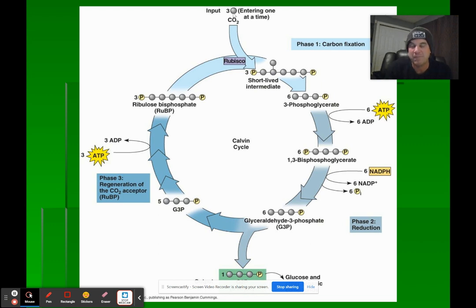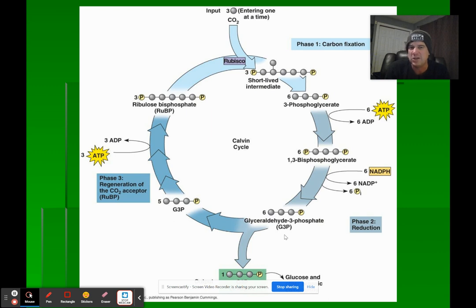by a series of reactions that ultimately is taking this inorganic carbon that's part of carbon dioxide and doing what's called carbon fixation. Carbon fixation is basically getting inorganic carbon and making it into an organic compound using the energy from ATP and also the high energy electrons from NADPH, and storing those electrons between those carbon atoms to ultimately get this 3-carbon sugar that we call G3P, which is an abbreviation for glyceraldehyde 3-phosphate.